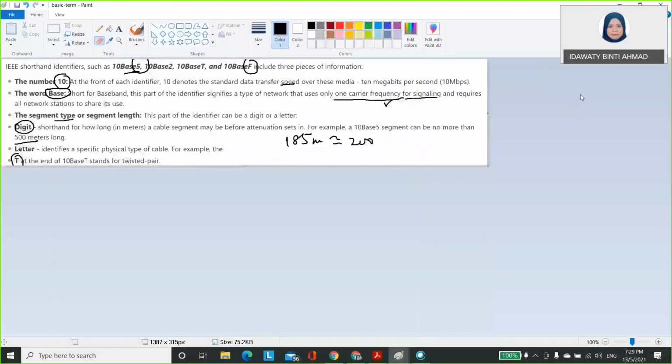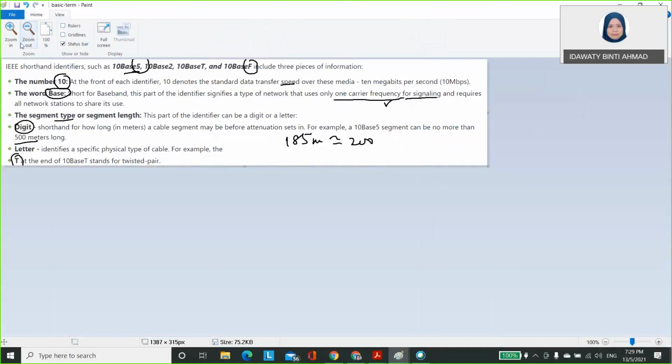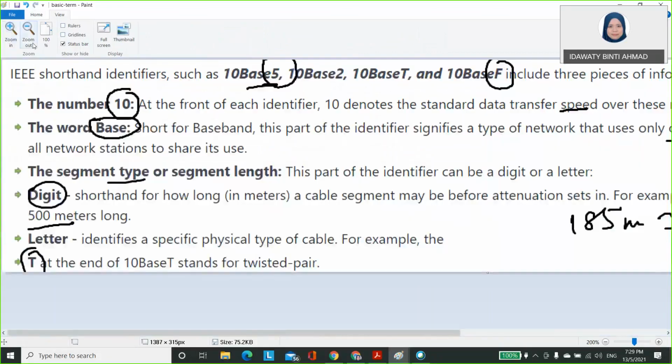Okay, so here you can see, let me zoom in. Zoom out.